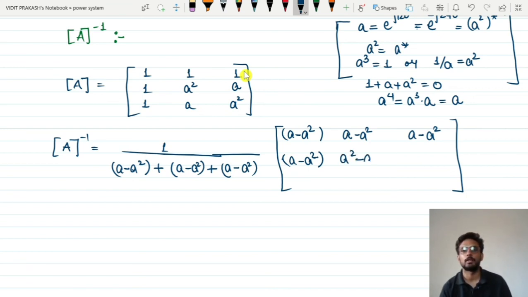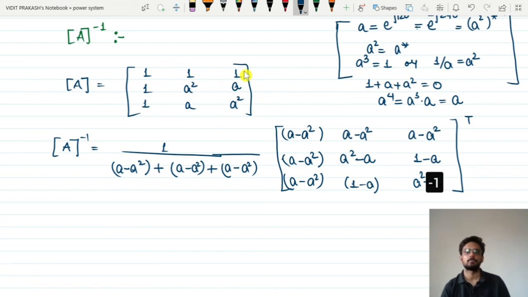A square minus A, and at this point A minus 1, minus of A minus 1, so we can write this as 1 minus A. Okay, now in the third row this will be A minus A square. Here you will get A minus 1, or 1 minus of A minus 1, that is 1 minus A, and here we will get A square minus A, transpose of this.